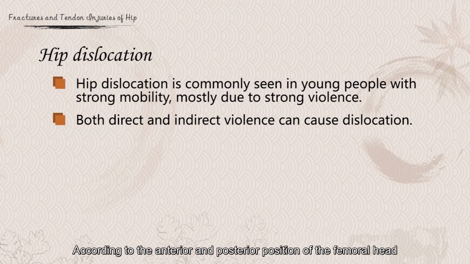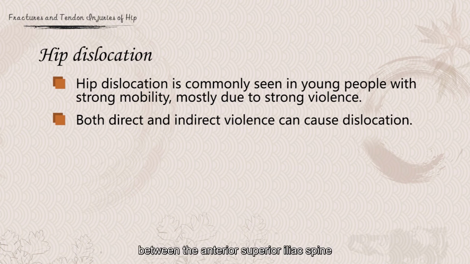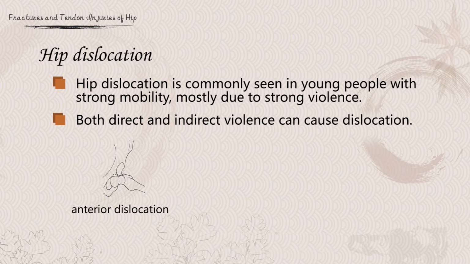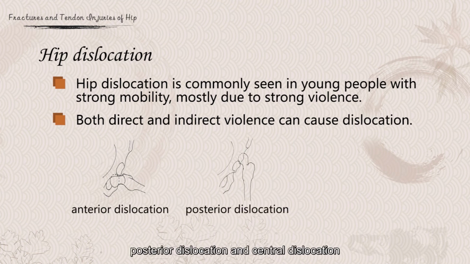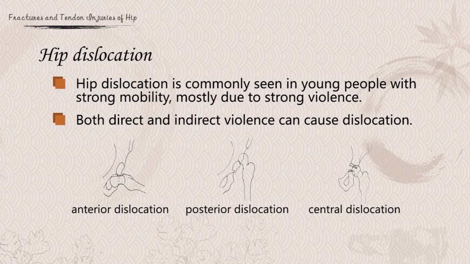According to the position of the femoral head relative to the line between the anterior superior iliac spine and the ischial tuberosity after dislocation, it can be divided into anterior dislocation, posterior dislocation, and central dislocation. Posterior dislocation is more common in clinic.